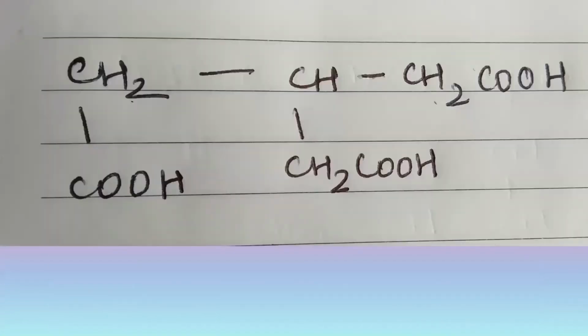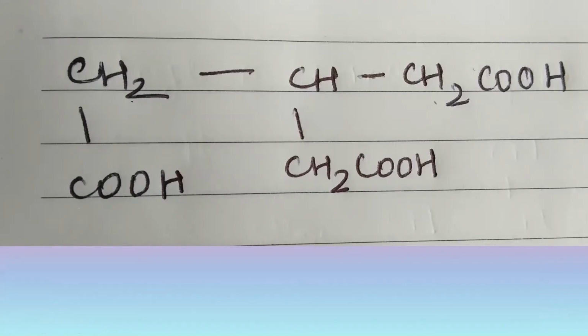coming to the next kind of category, here you see that the main parent chain is not connected to the principal functional group directly. In the middle one, there is one more carbon atom attached to it. So in such cases, the method that we discussed earlier is not applicable.